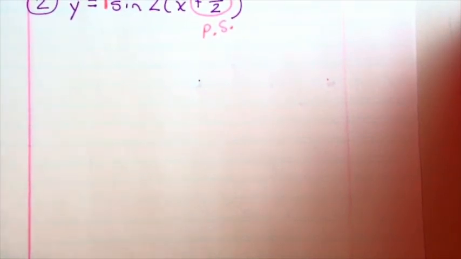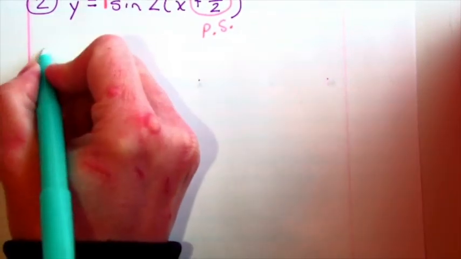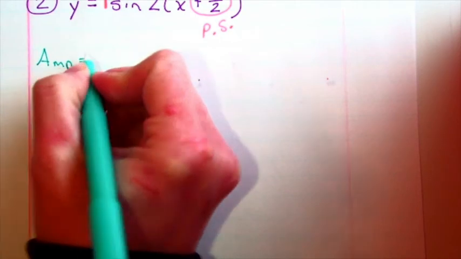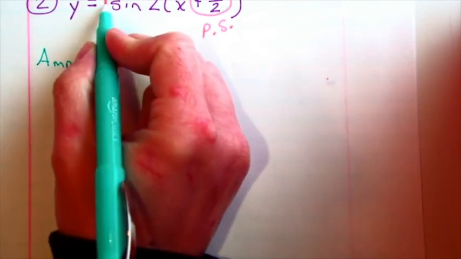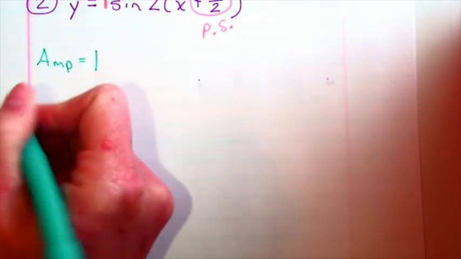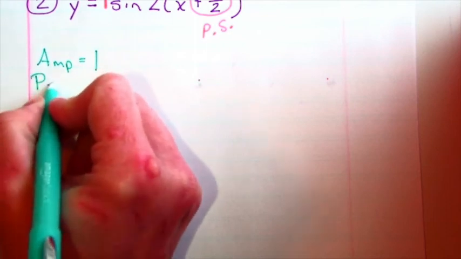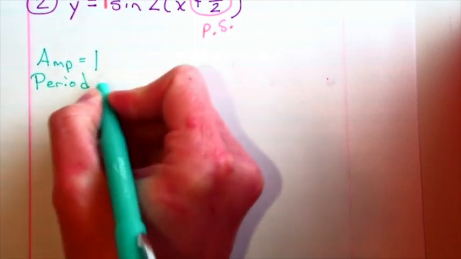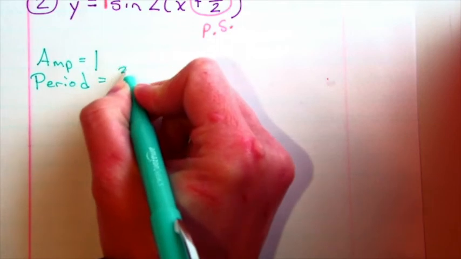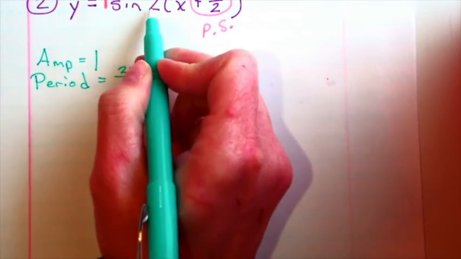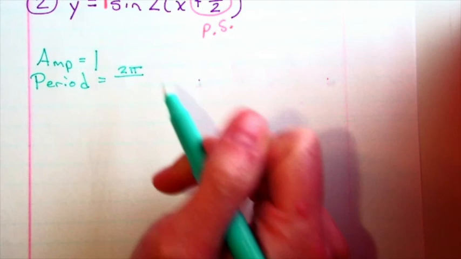So let's record that information. The amplitude is 1, because it's the absolute value of the A. The period is 2 pi over the absolute value of K, so the absolute value of 2 is just 2.